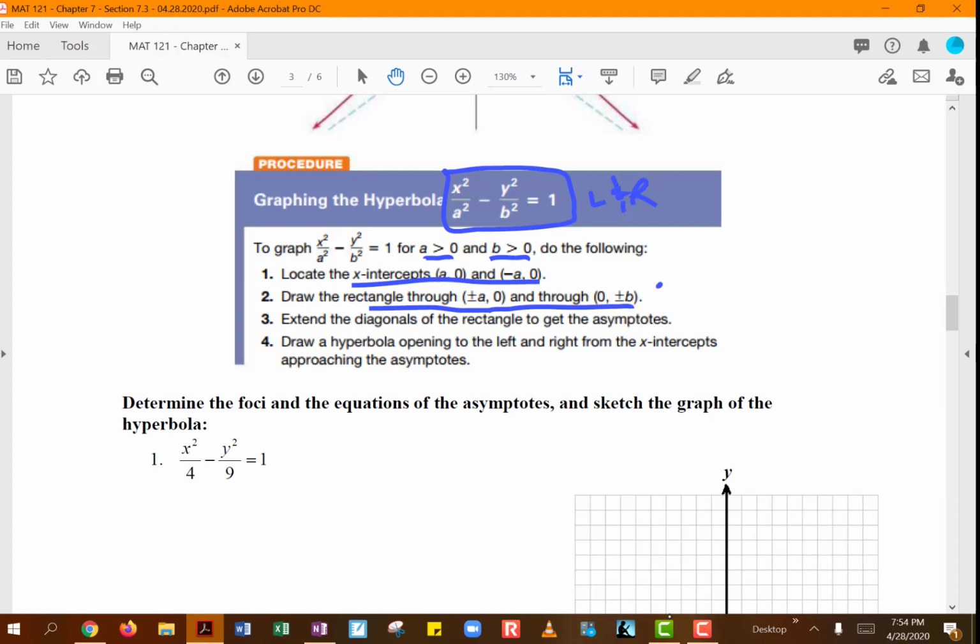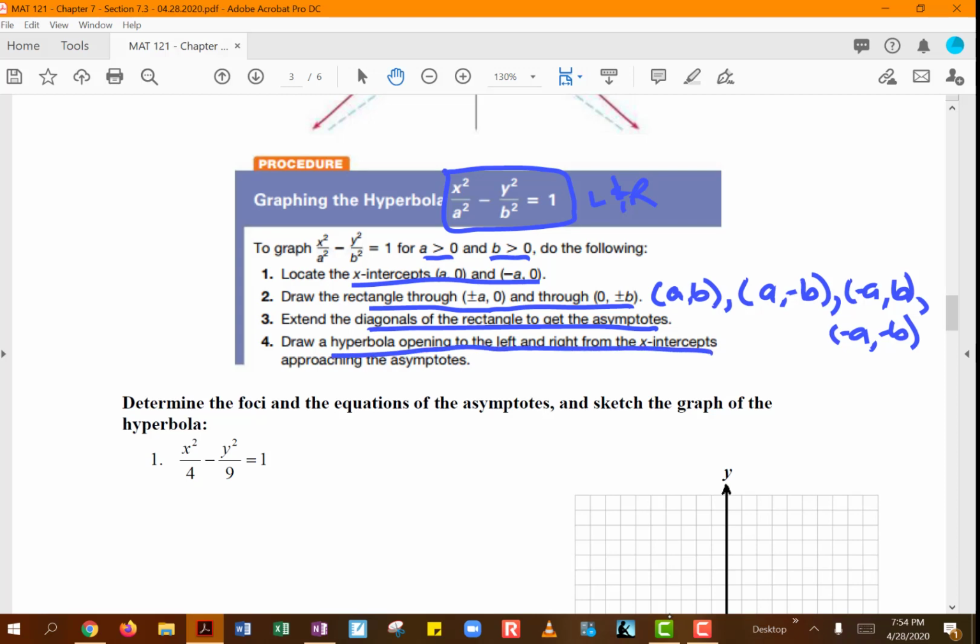But basically remember, you can use your vertices as (a, b), (a, negative b), (negative a, positive b), and then (negative a, negative b). Extend the diagonals of your rectangle to come up with the asymptotes, which would be our oblique asymptotes, and then of course we would draw our hyperbola opening left and right, which will pass through the x-intercepts and of course approach the asymptotes.